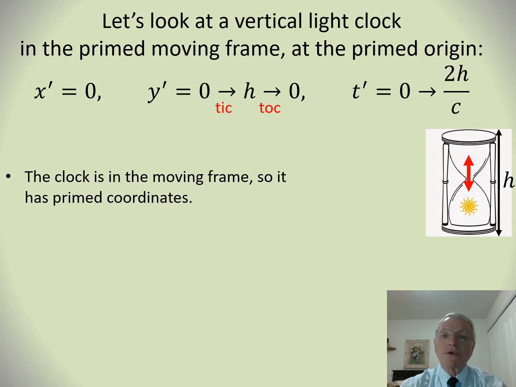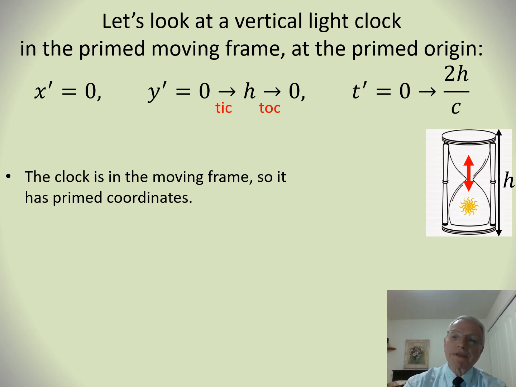The light pulse goes up to h at the top of the clock and then comes back down. That's the tick and the tock of the clock. T prime goes from 0 to h over c to go up, and then another h over c to come down. And so the final time is 2h over c at the end of a tock.